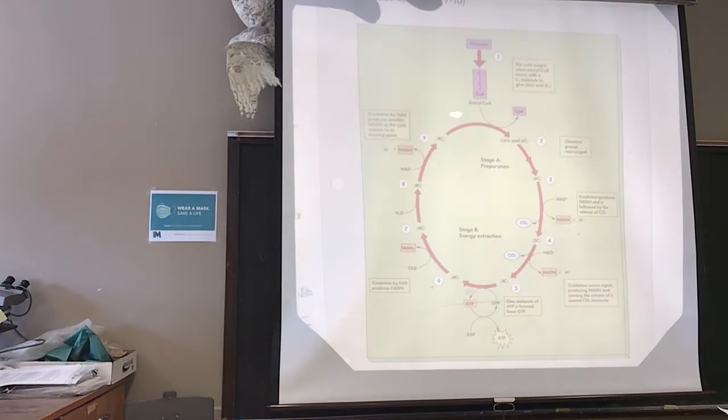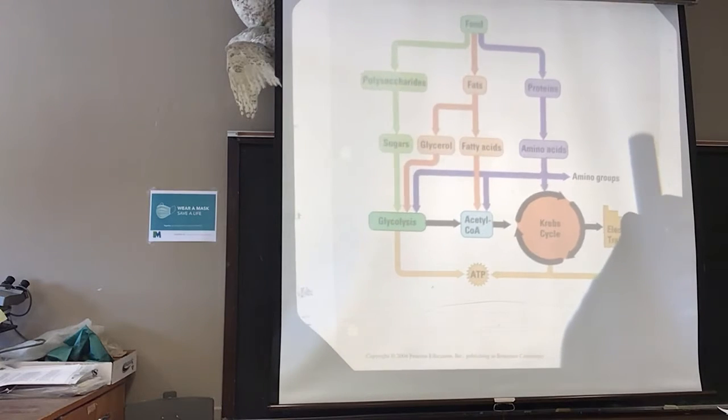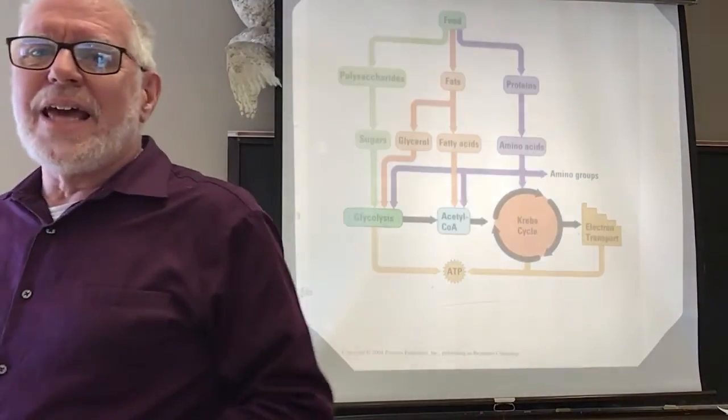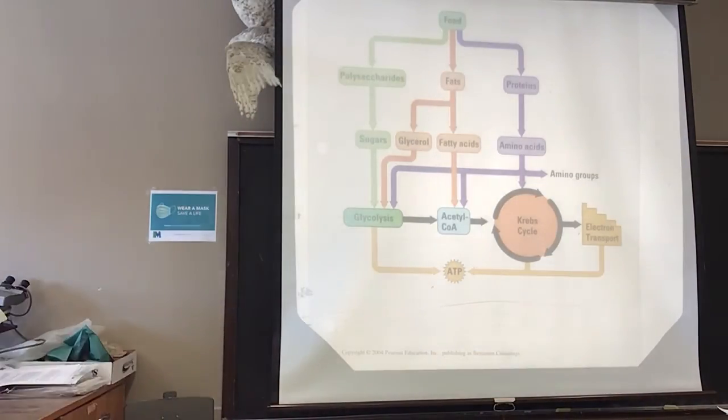Another reminder, what actually feeds into the Krebs cycle is 2 carbons attached to coenzyme A. Why is that important? Because we can gain energy with compounds other than carbohydrates.